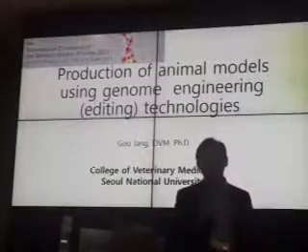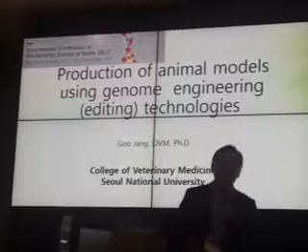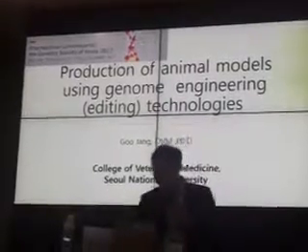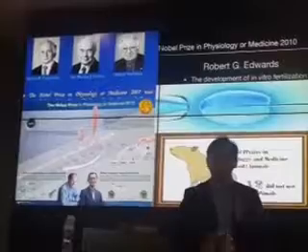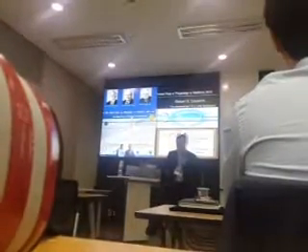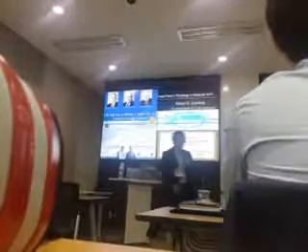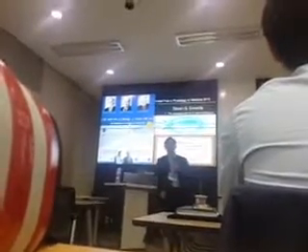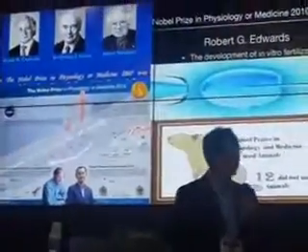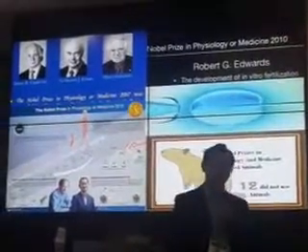So just really briefly, without considering it very deeply, this is why I have this slide. Animals are very important in life science. Among the recent Nobel Prizes, the first one is the mouse embryonic stem cell, the second one is the IVF baby, the tube baby, and the third one is induced pluripotent stem cell.